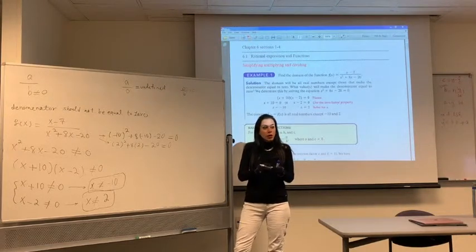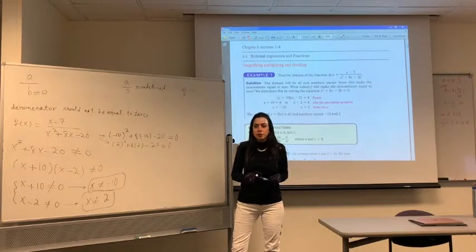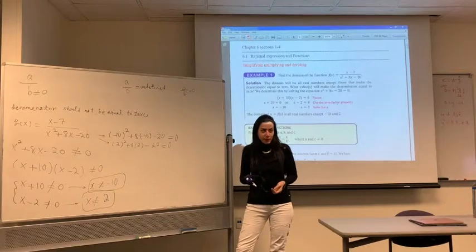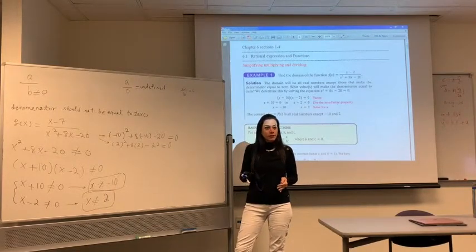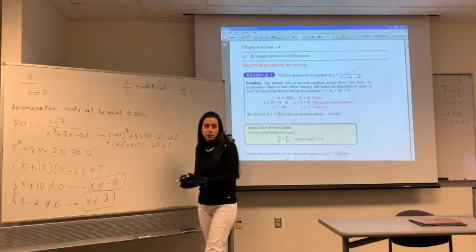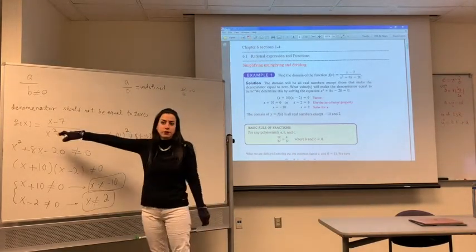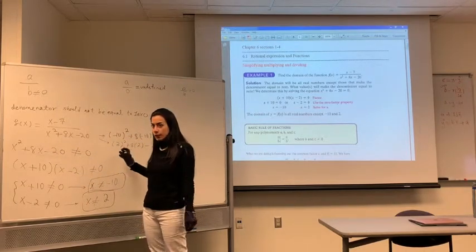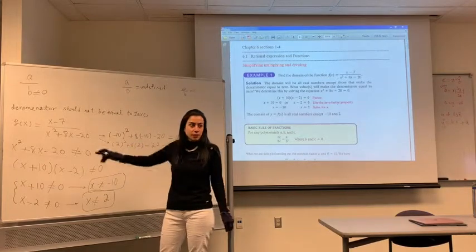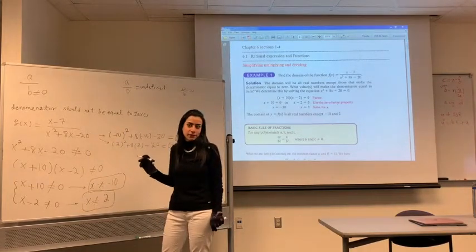So if they ask us what is the domain, what kind of values this function can accept, we will say anything except negative 10 and 2. We can accept any number for this function except negative 10 and 2, because just these two numbers make this whole thing undefined, right?